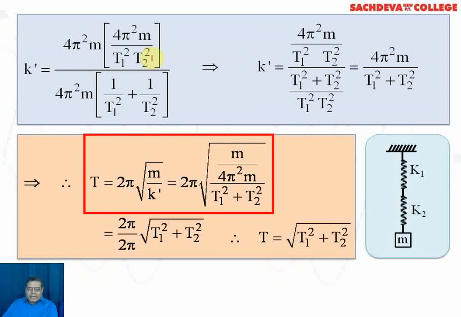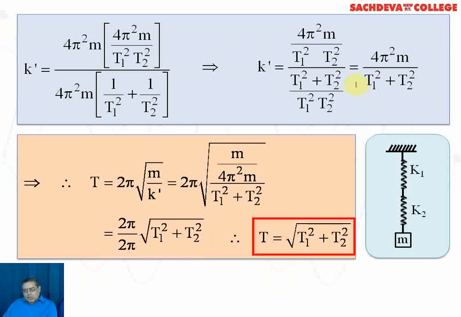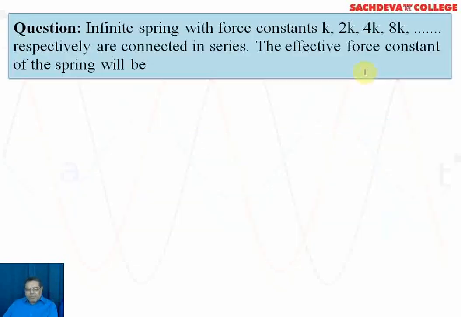So the value of k we will compute, that is we have calculated 4 pi square m over T1 square plus T2 square. So by computing this value, 2 pi will cancel off, and our net result will become T is equal to under root T1 square plus T2 square. That is the final value.